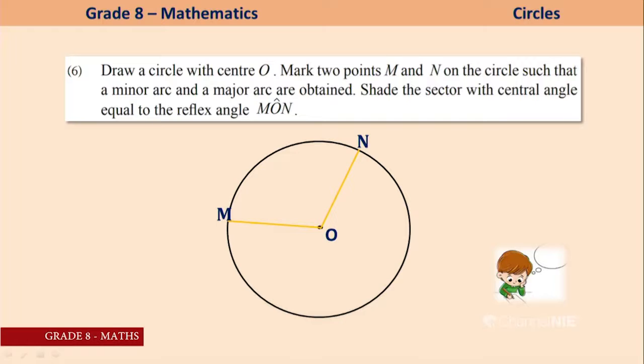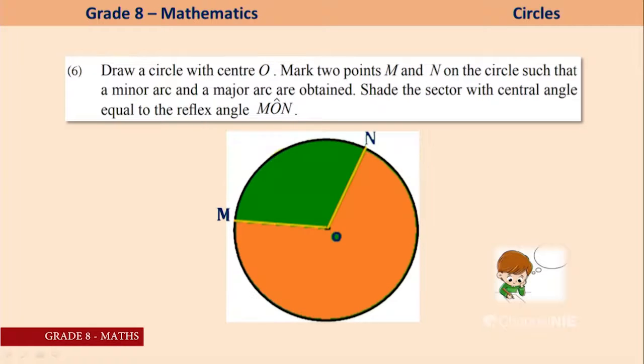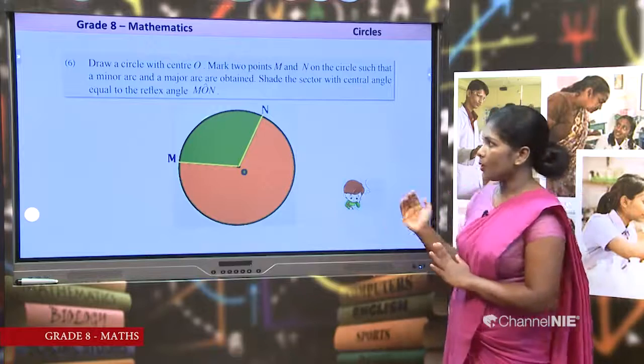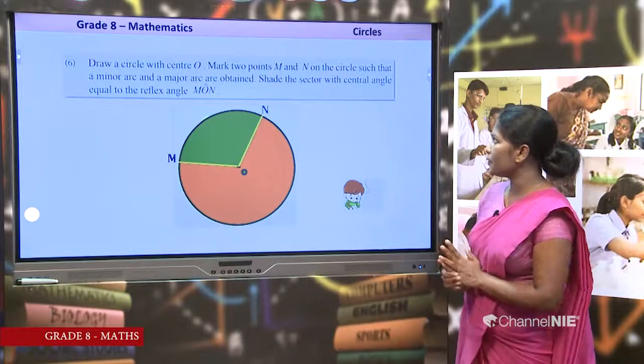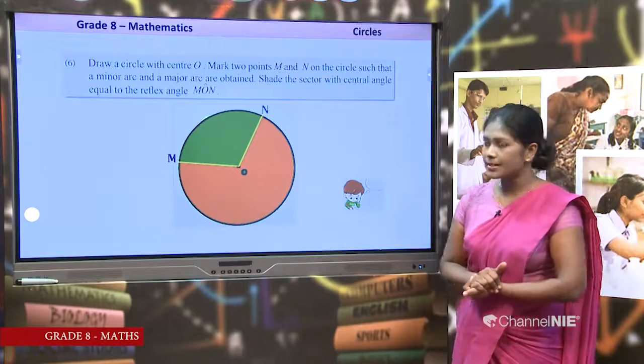Then shade the sector with central angle equal to the reflex angle. There are two angles, acute and reflex. So, you have to shade the reflex angle region like this. That means this shaded orange color should be the answer. Okay children, now here we shade the sector with central angle equal to the reflex angle.